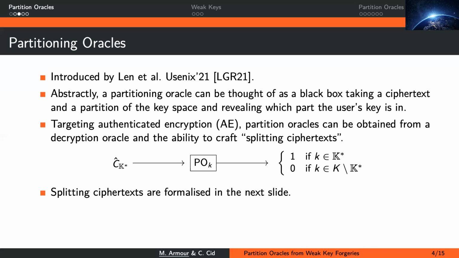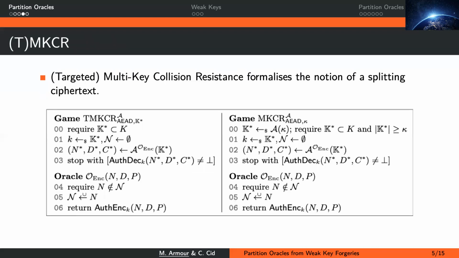I'm going to formalize that in the next slide with this game, TMKCR, standing for Targeted Multi-Key Collision Resistance. The idea is that an adversary who is able to craft ciphertexts that decrypt correctly under all of the keys in a target set of keys K star wins this targeted multi-key collision resistance game.